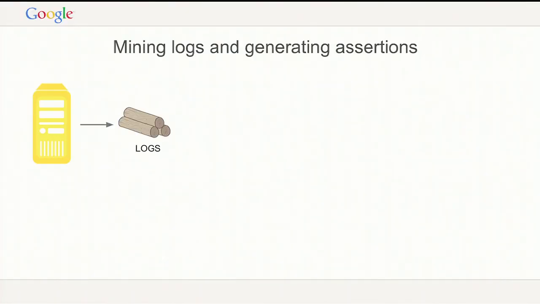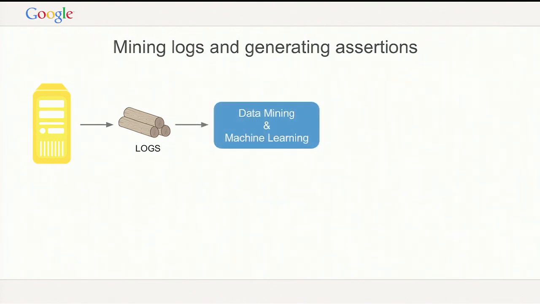I'm just going to briefly talk about how this works. Our system is generating logs continuously. We take those logs, perform some data mining and machine learning on them, and come out with invariants. Invariants are those logical pieces of information, like banana ID is greater than 0.